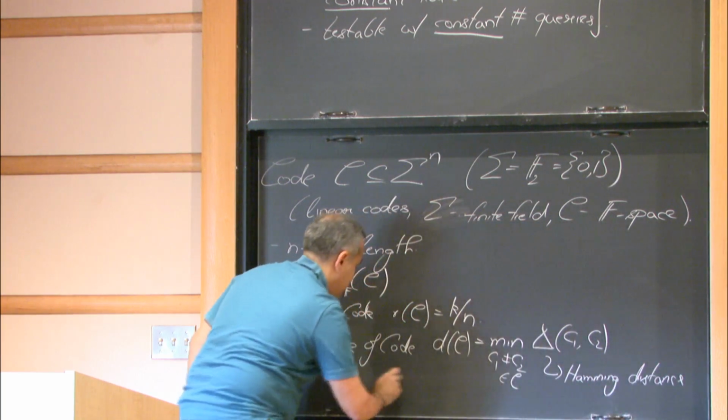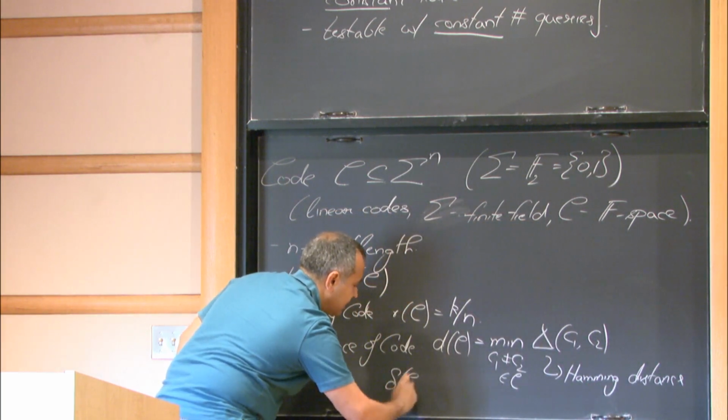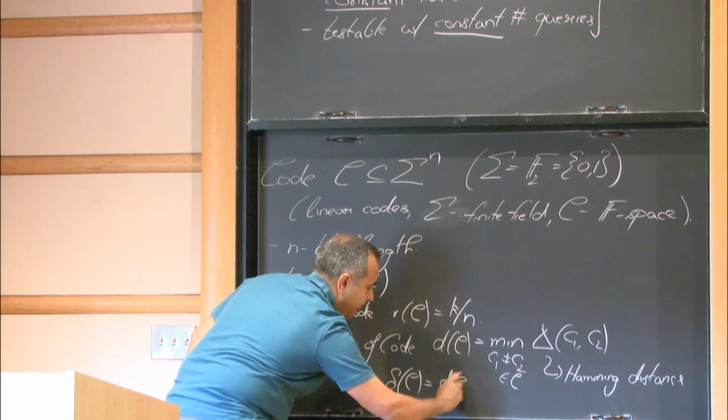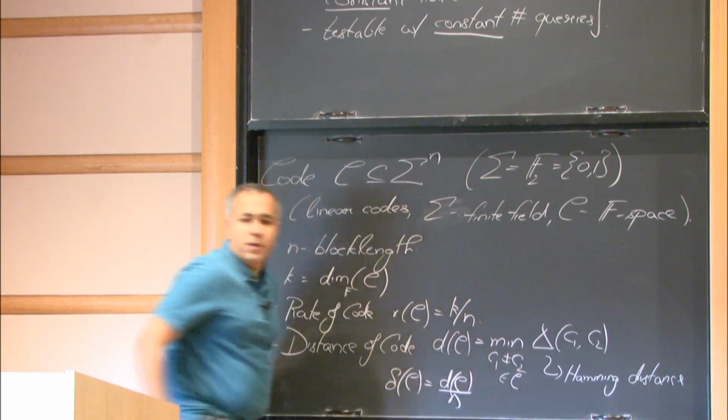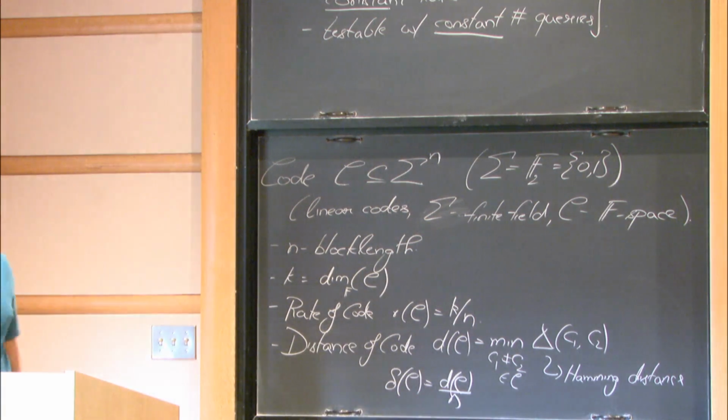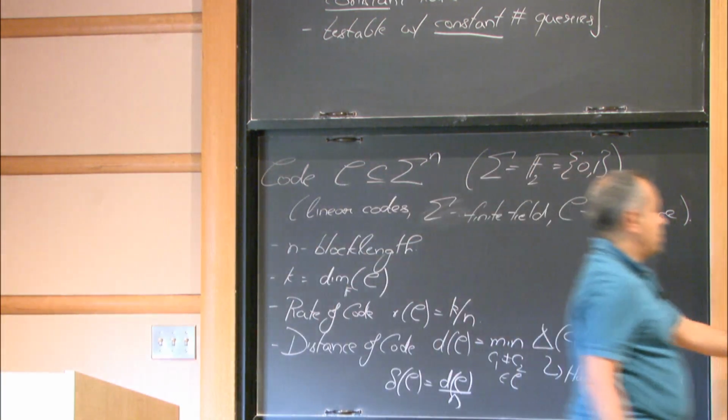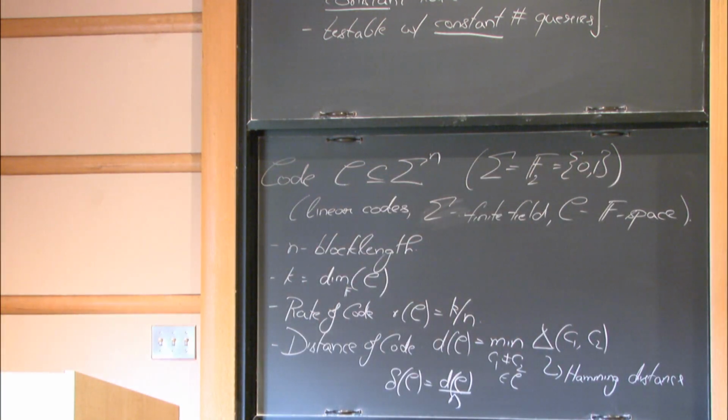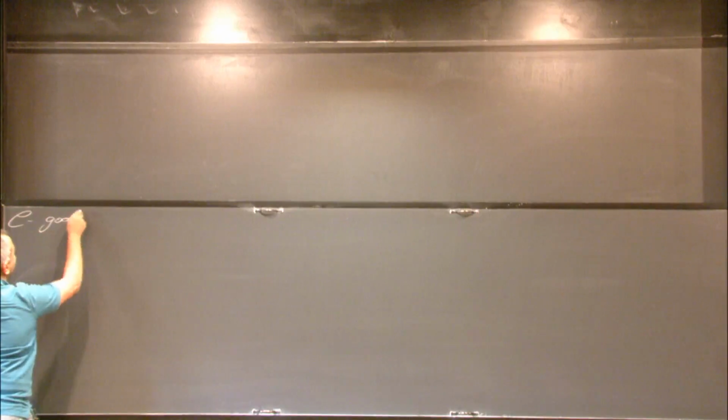We'll typically talk about fractional distance, delta of C, where I normalize by n.